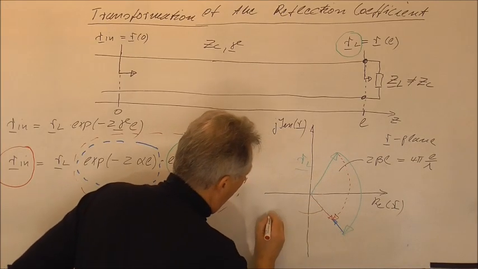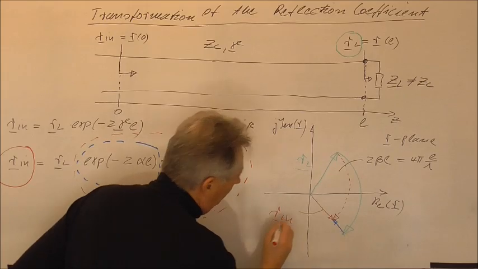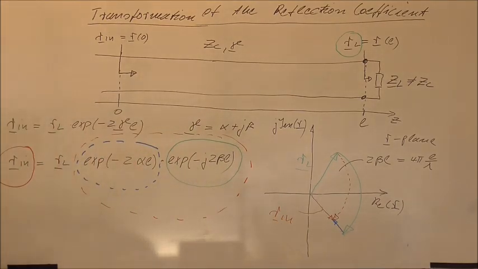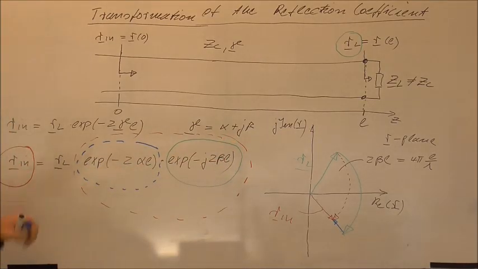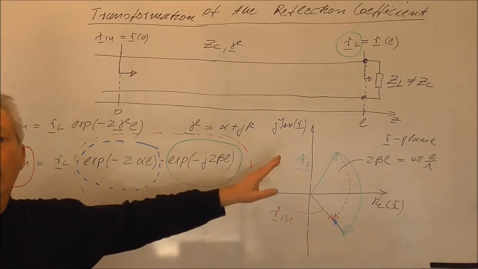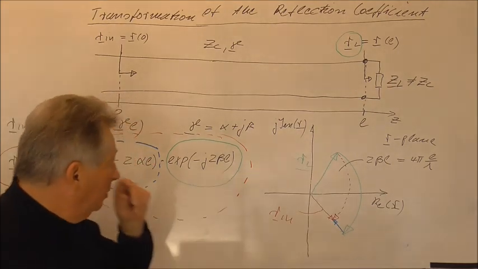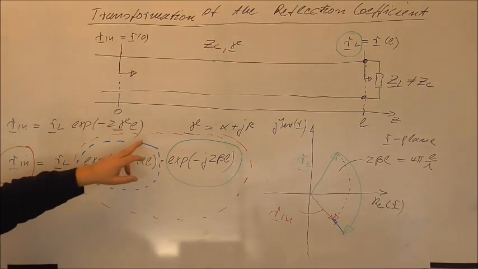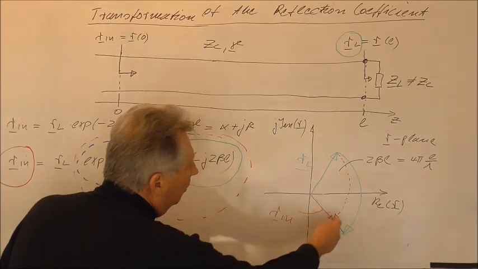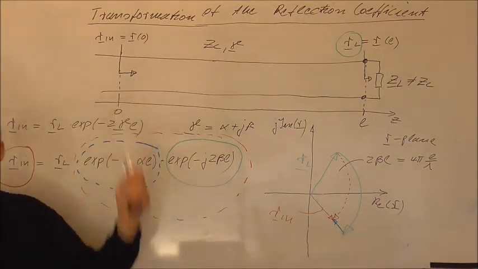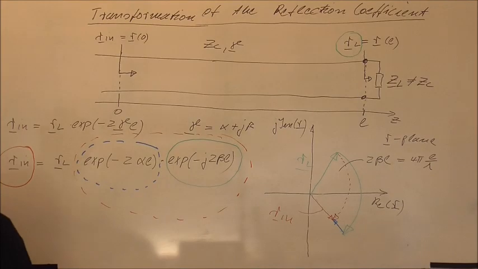This would be now our input reflection coefficient. So this diagram shows you how the transformation works. As long as we have a lossless transmission line, we would only have a rotation, but if we have a transmission line with losses, also the reflection coefficient will become smaller at the input of the transmission line.